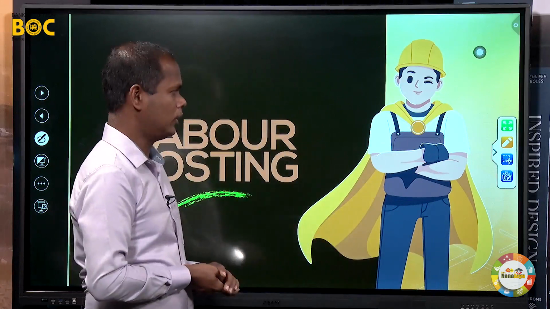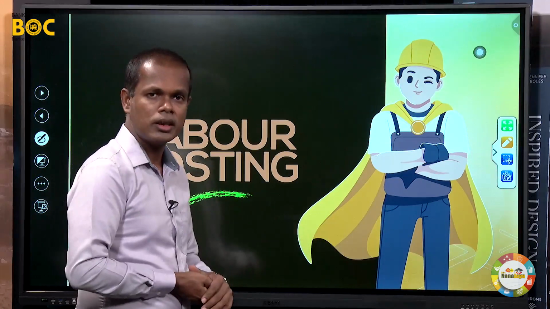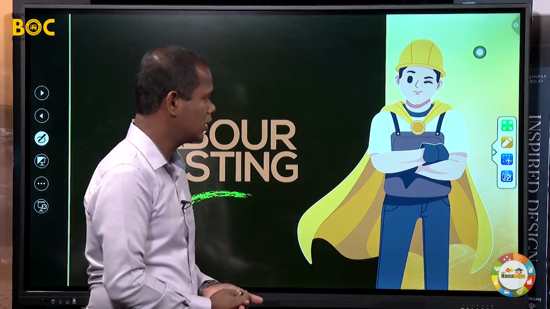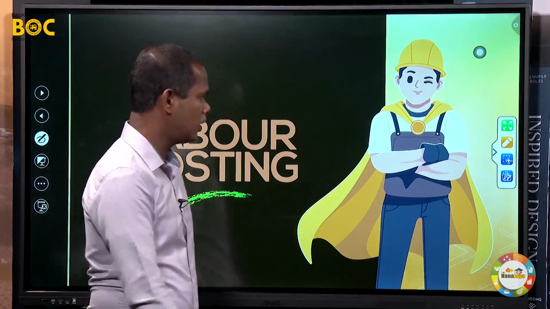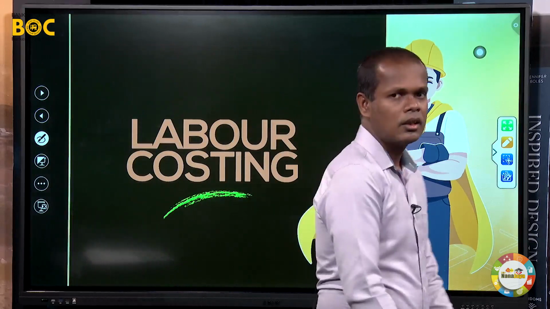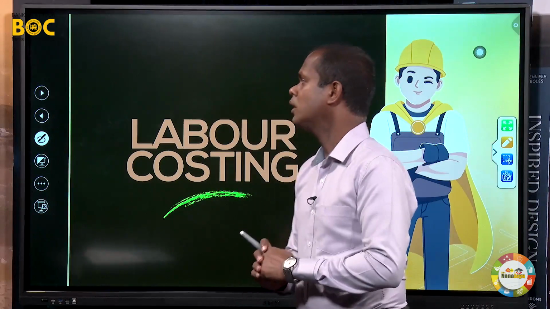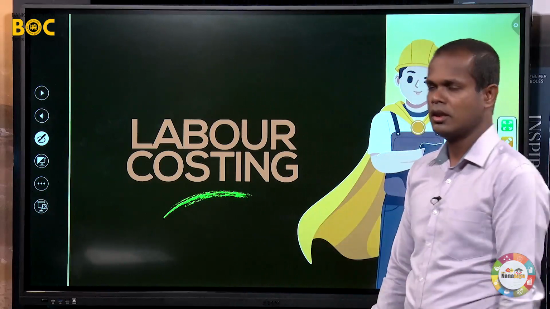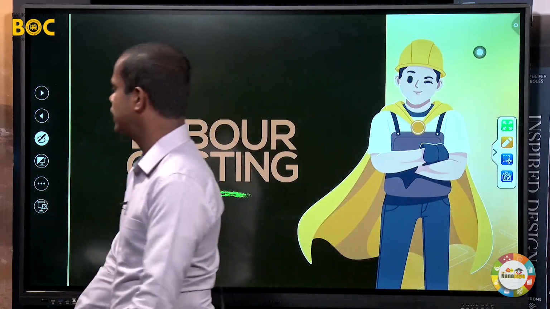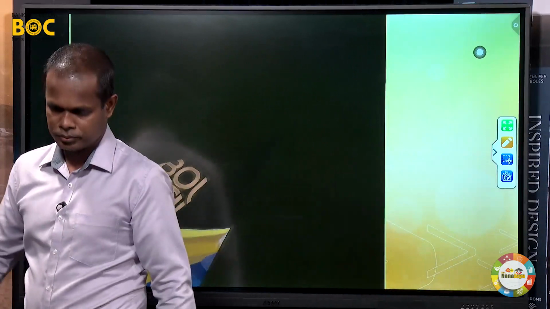Payments made on behalf of employees include employees provident fund and employees trust fund. We will discuss a few questions from labor costing.